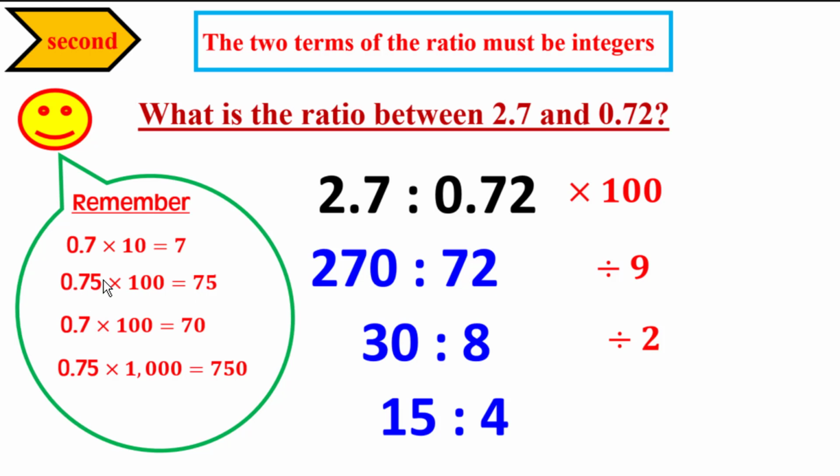Move the decimal point to the right 2 digits. 0.7 times 100, you have to put 0 here because we have just one decimal place, it will be 70. And 0.75 times 1000, you have to put 0 here because we move the decimal point to the right 3 decimal places and we have 2 decimal places, it will be 750. So don't forget this rule.